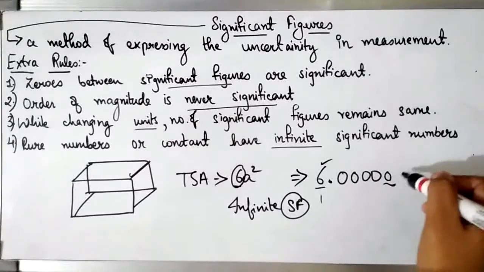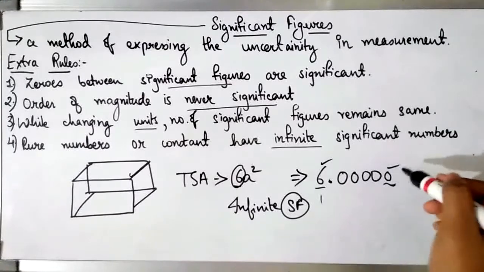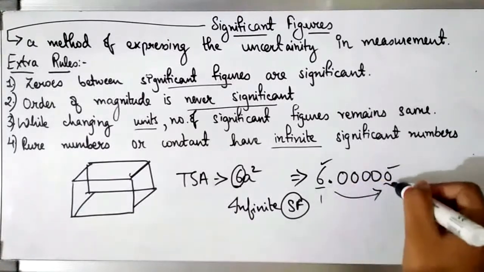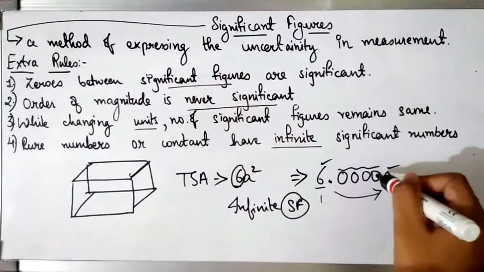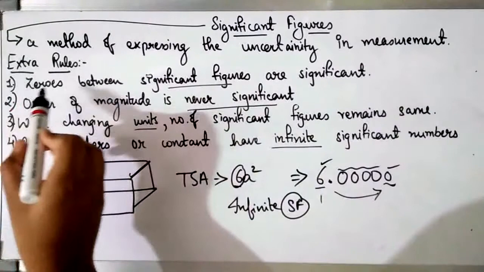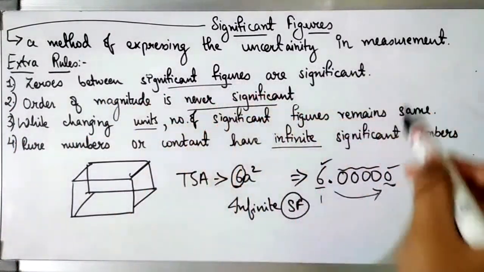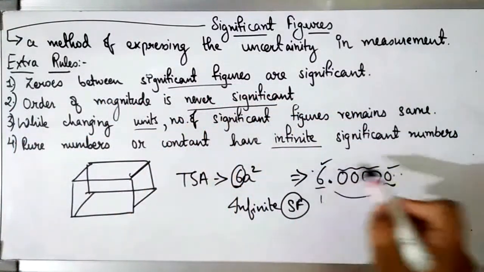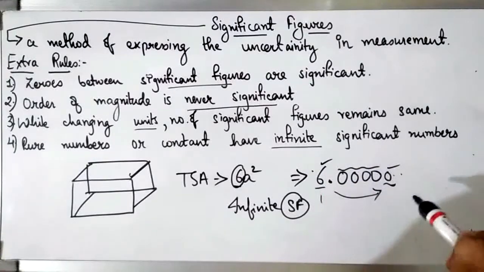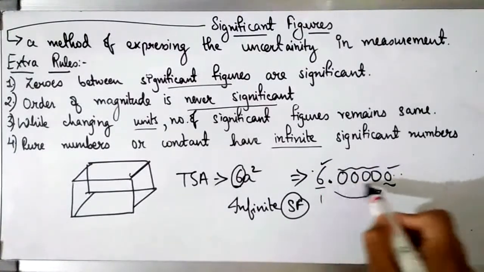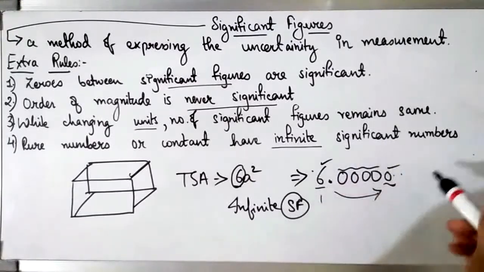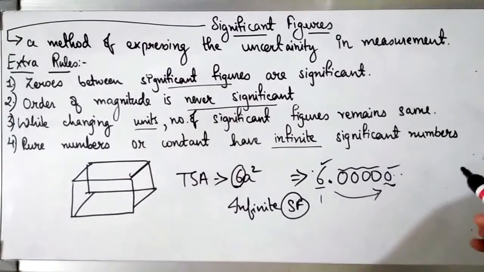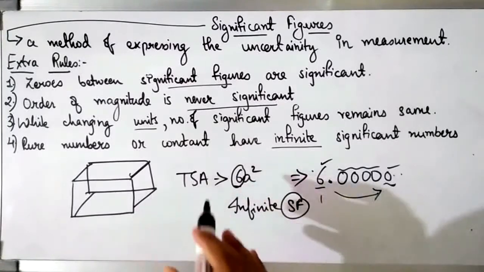The ending 0 is significant only if it appears after decimal, and here the ending 0 is appearing after decimal, so it will be significant. Then all the middle zeros are going to be significant because according to our first rule, zeros between significant figures are significant. So the 6 and the last 0 have become our significant figures, and all the zeros present between these significant figures are going to be significant. So we can say that this can have infinite significant figures. That is, however many zeros you extend, that many significant figures will come. So this is the fourth rule.